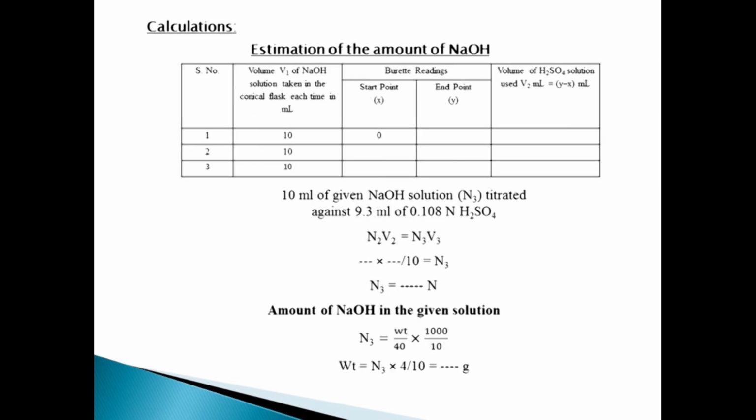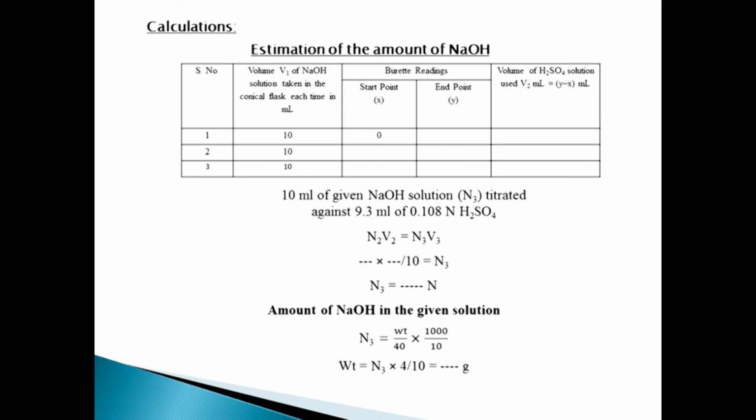After getting this, we need to estimate the amount of sodium hydroxide in the given solution. For that we again need to do titration. Here also we know the volume of sodium hydroxide, that is 10 ml, and from the burette readings we will get the volume of H2SO4 solution.